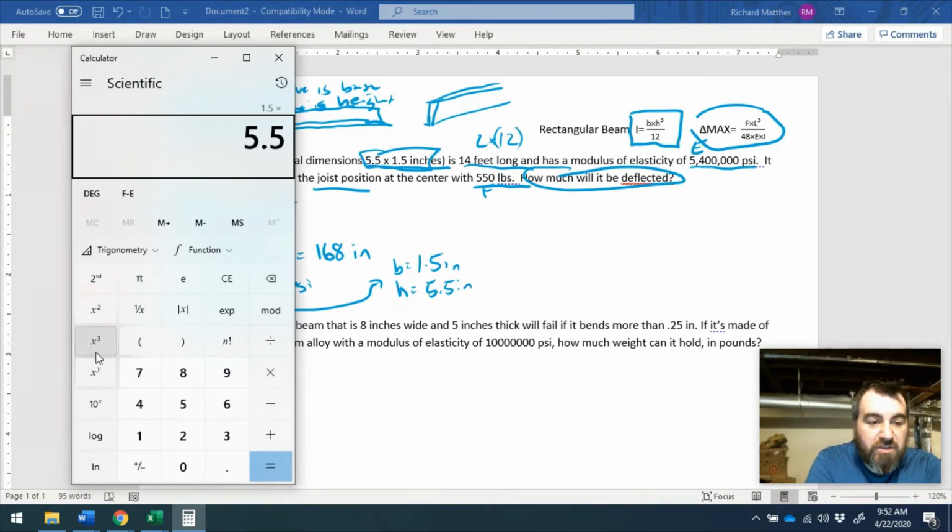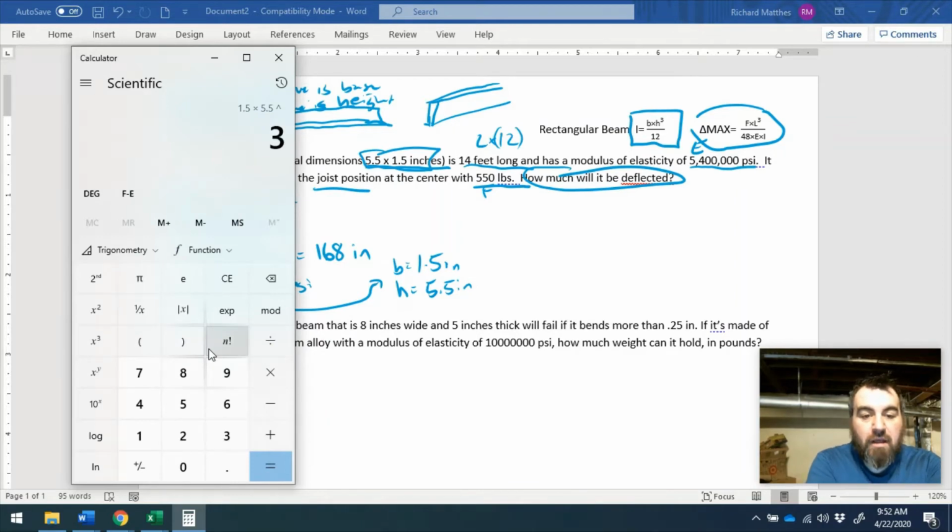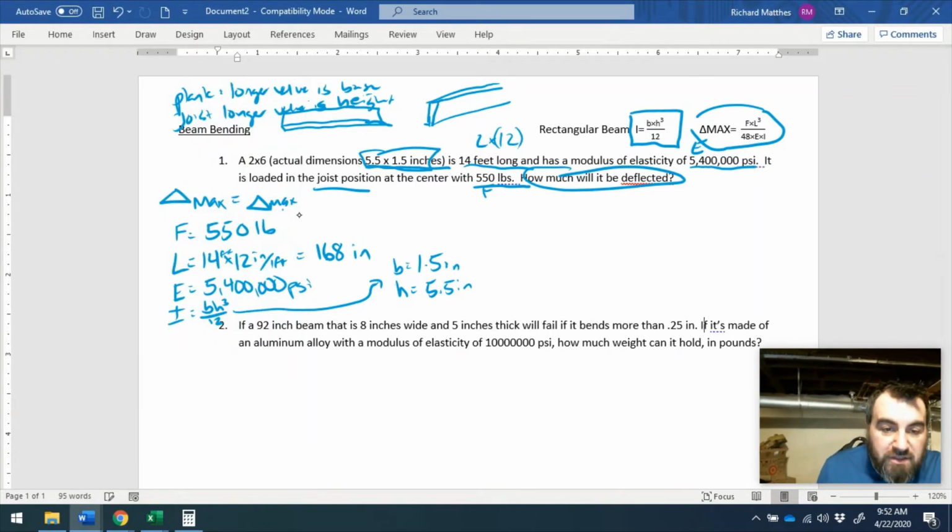If you want to do it, you just do x to the y, and then you put 3. Then we're going to divide that whole thing by 12, and it gives us 20.79, or let's just say 20.8. Okay, so this basically becomes 20.8, and that's inches to the fourth, because inches times inches to the third is going to lead us to inches to the fourth.